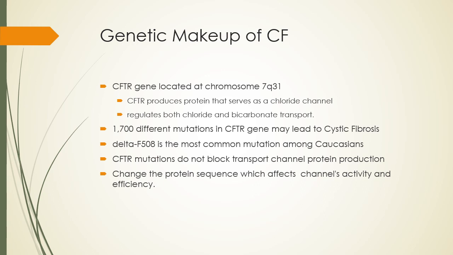In spite of the multitude of mutations, there are still some commonalities, of course. There's the delta F508 mutation. That's the most common one, and unfortunately, it produces the most severe disease.